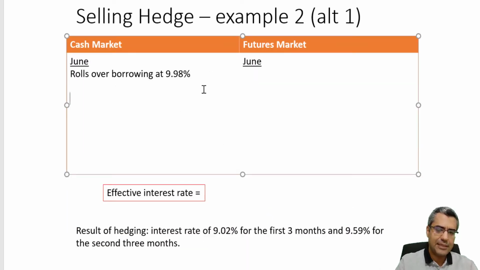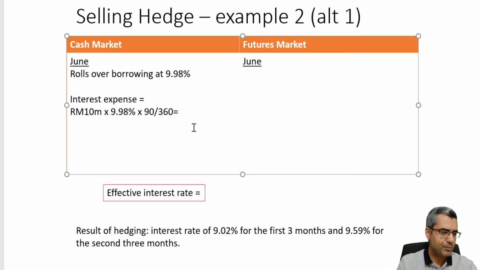This means the interest expense is 10 million ringgit multiplied by 9.98%. Then I adjust it for 3-month borrowing. This means 249,500 is the interest expense for 10 million borrowing.